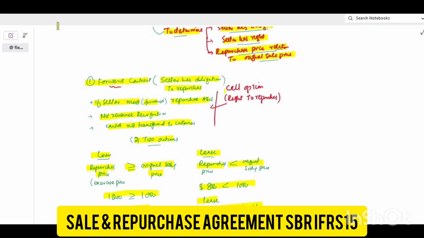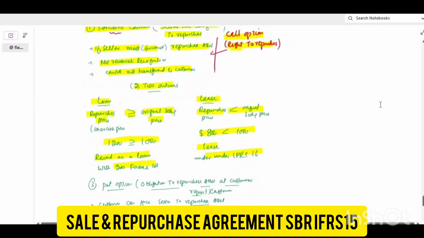Now, for a call option, we mean that the seller has the right to repurchase the asset, and you should follow the same criteria, the same accounting treatment as we do for the forward contract.